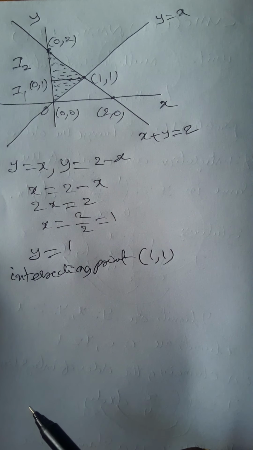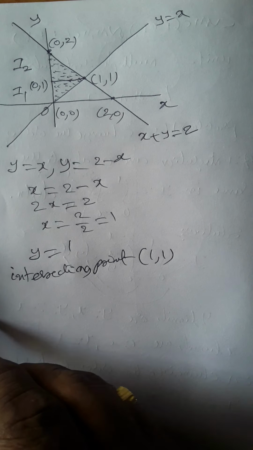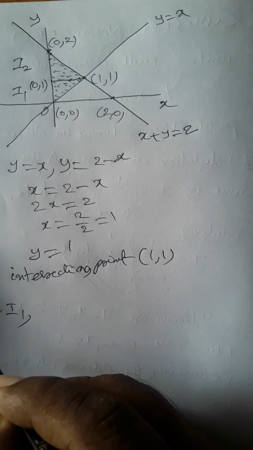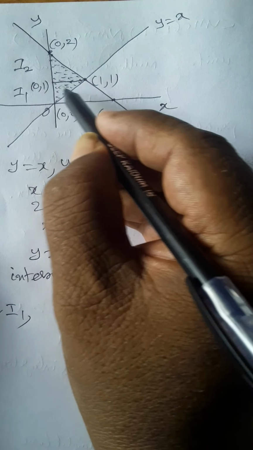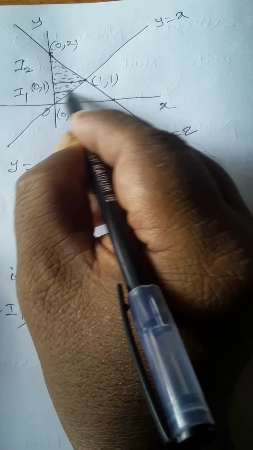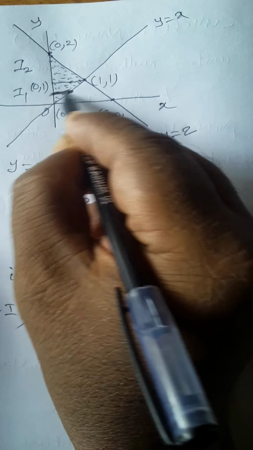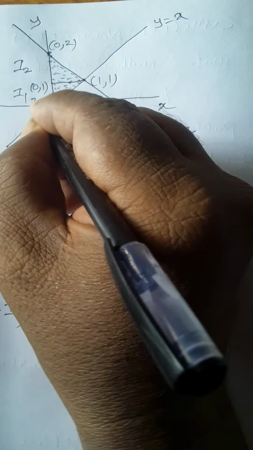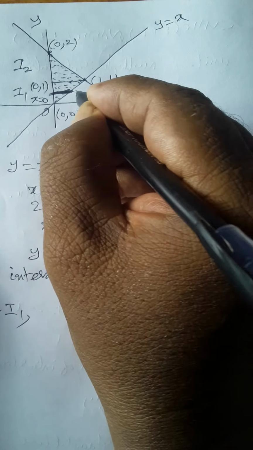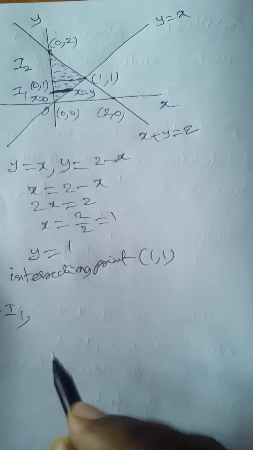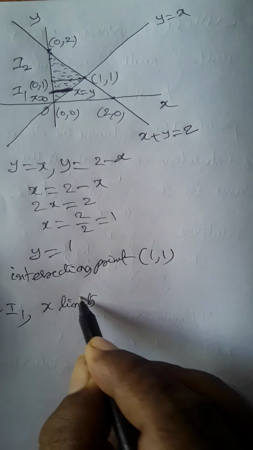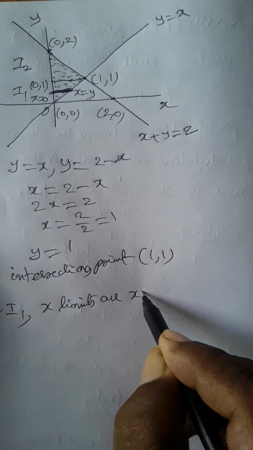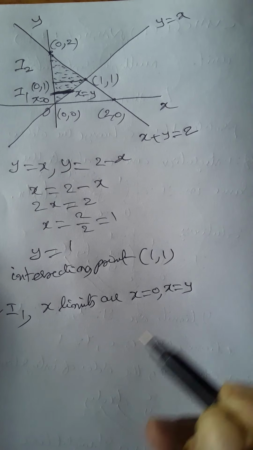Now for I1, how to get limits? I1 means the region below. Take an elementary strip parallel to the x-axis. Here x is equal to 0. On this line x is equal to y. So x limits are x is equal to 0, x is equal to y.